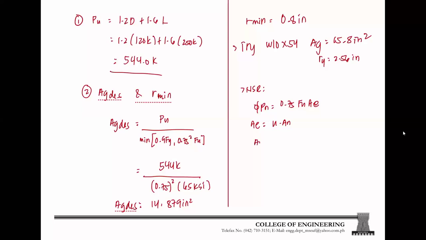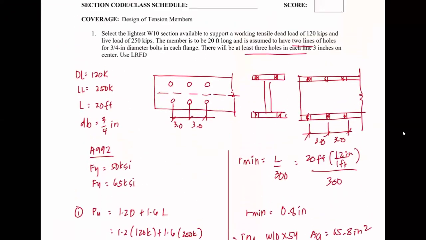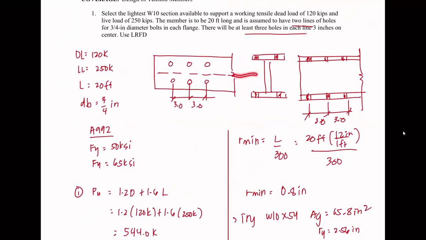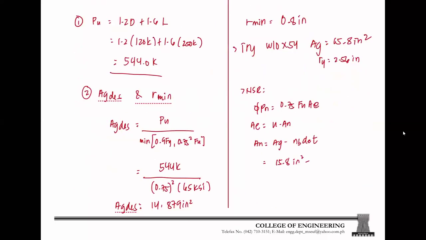For An, that is Ag minus the number of bolts times the hole diameter times the thickness. Ag is 15.8 inches squared minus the number of bolts. When we have a tensile load, this is the top view, and if you flash a light here, this is what illuminates, meaning the rupture passes through here. That is 2 in the upper flange and another 2 in the lower flange, so a total of 4.